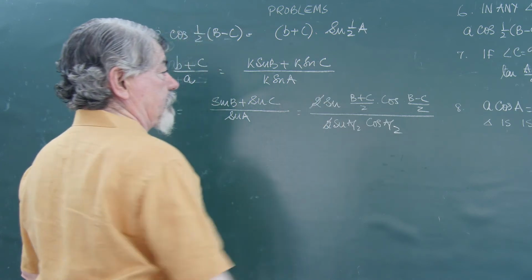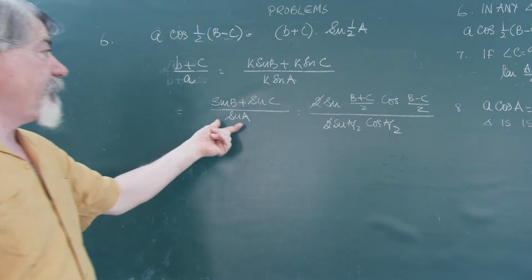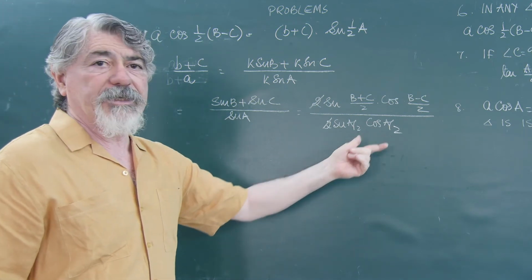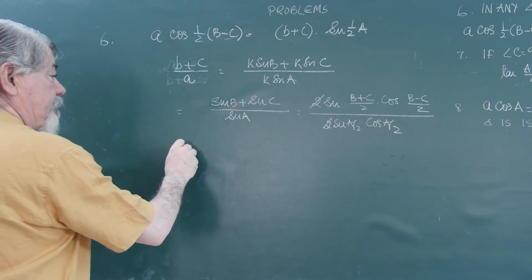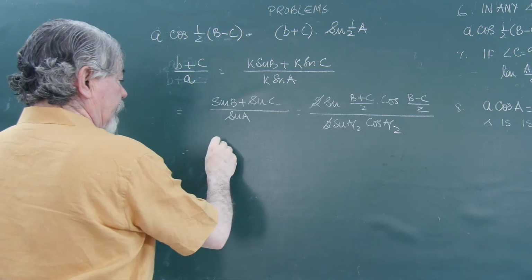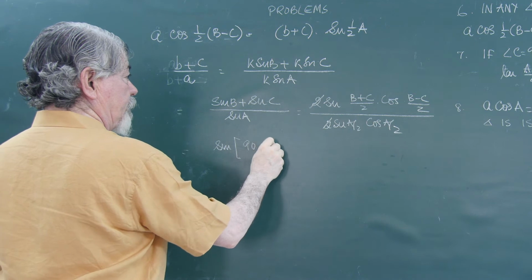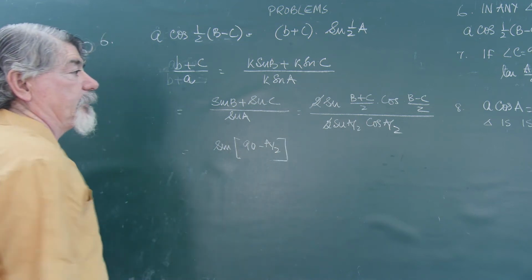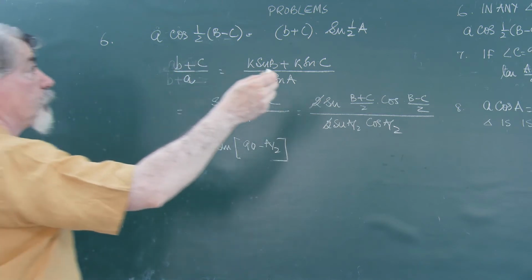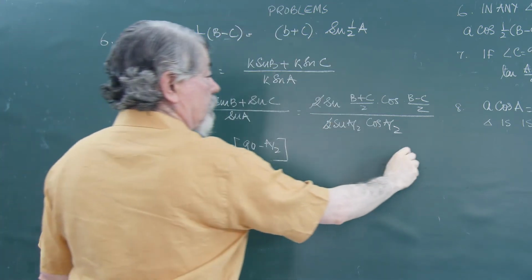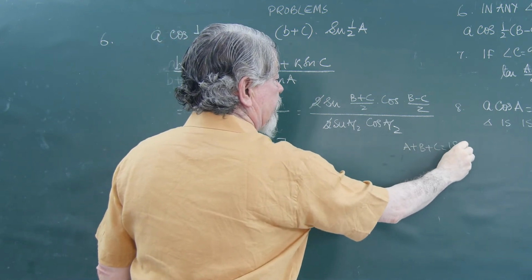Sine 2A is 2 sine A cos A, so sine A will become 2 sine A by 2 cos A by 2, as we have done with half angles. Now sine (B plus C) upon 2 can be written as sine (90 minus A upon 2), because A plus B plus C is 180.